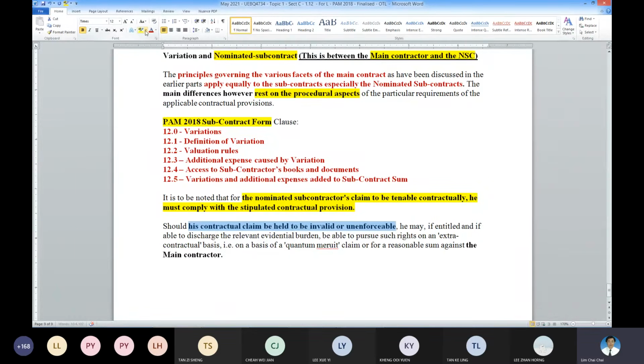So I mentioned again and again, now what we are talking about is a contractual claim that could be invalid due to timing, or due to certain procedure not complied with. What will happen if the contractual claim is invalid or unenforceable? Then there is a procedure under the extra contractual basis.